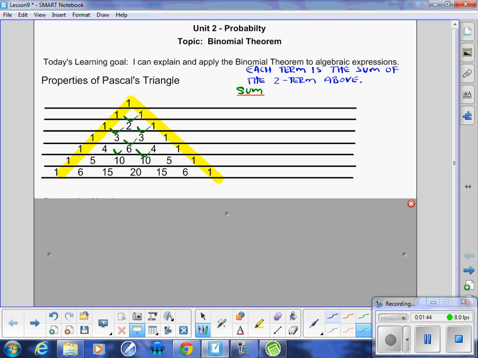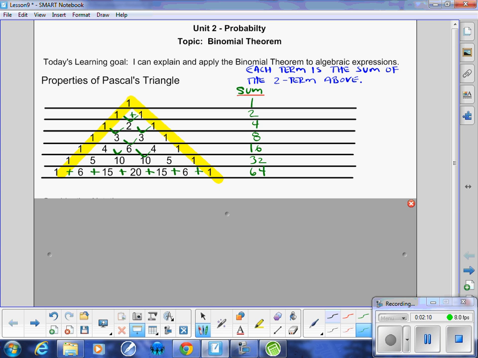So the first row is going to have a sum of 1. 1 plus 1 is 2. 1 plus 2 plus 1 is 4. 6, 7, 8. Next one will be 16. Next one's going to be 32. The next one is 64. So I'm just going across and adding these numbers together to find a sum.